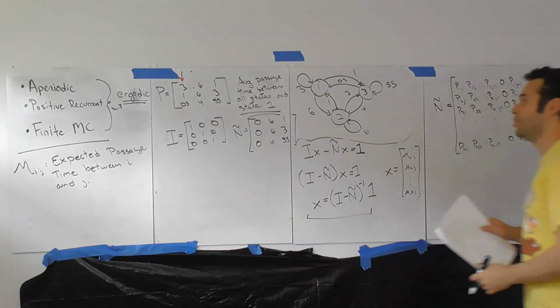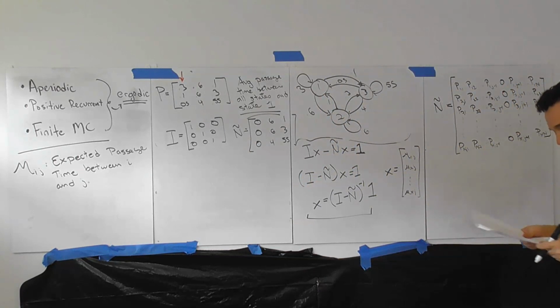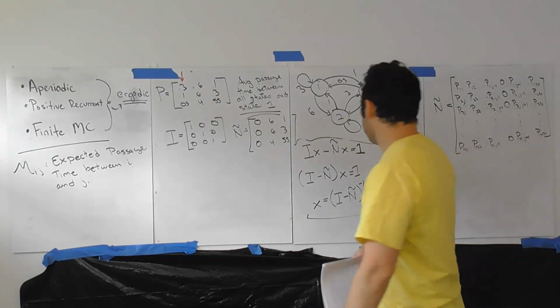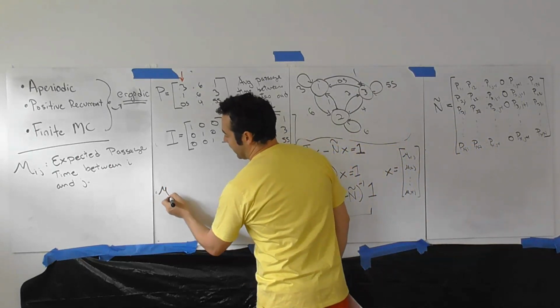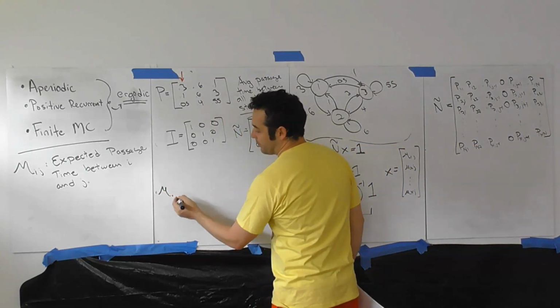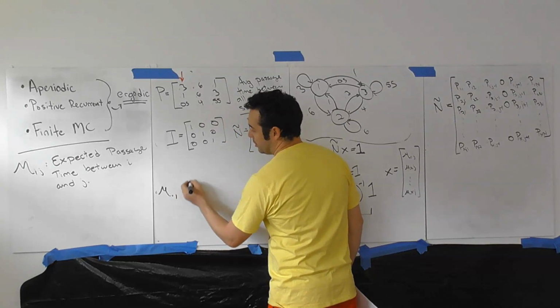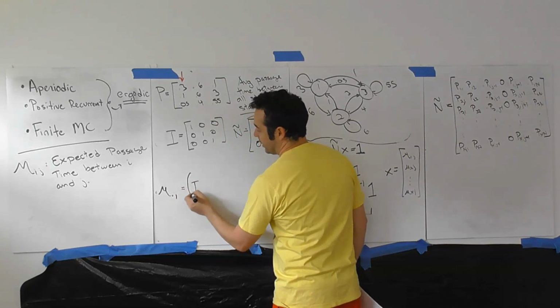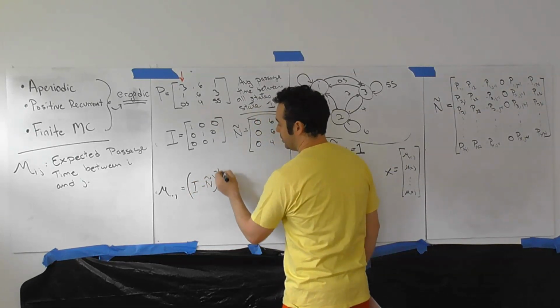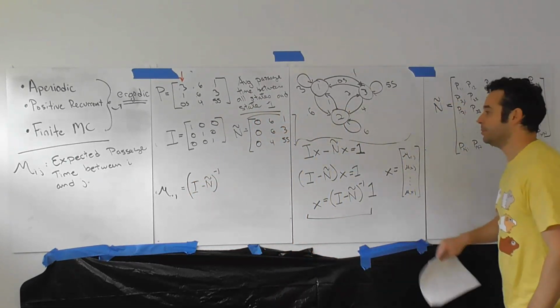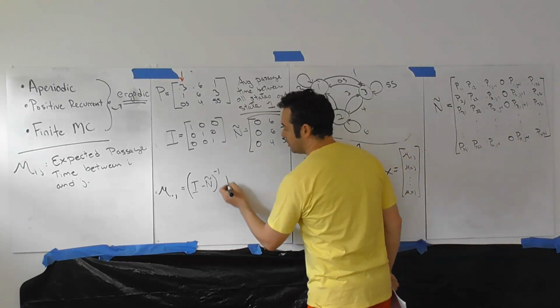All right. So now that we have that, in order to calculate the passage times, so we're going to calculate the passage times from every state to state 1. That's going to be equal to (I minus N tilde) inverse. All right. And we just have to multiply it times a bunch of 1s.